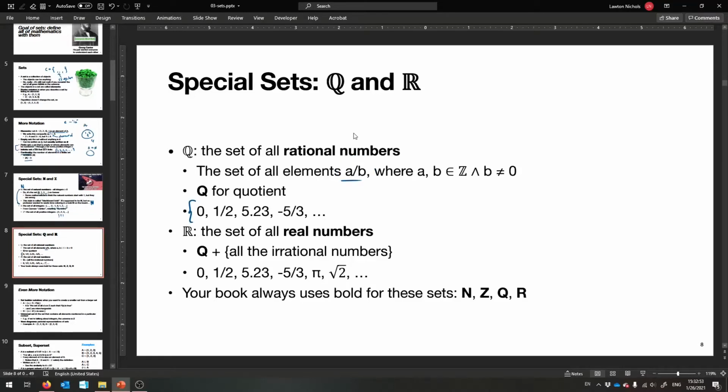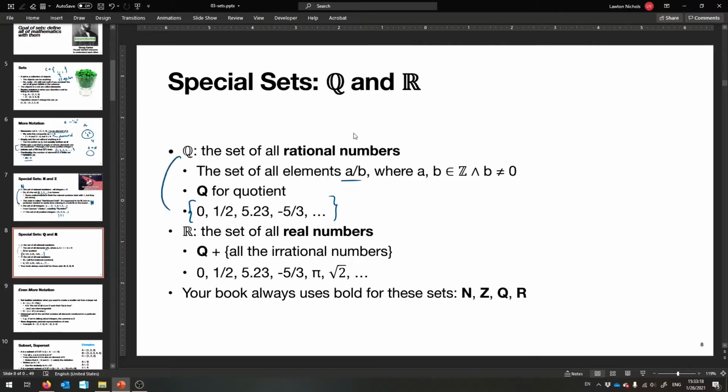Z is in there, because you can put 1 over 1, 2 over 1, -3 over 1. Those are all there. But extra stuff is there too, like 1/2 is now representable. 5.23 is representable because you could put 523 over 100. -5/3 is there. It's all there. Okay, so those are the quotients, the rational numbers.